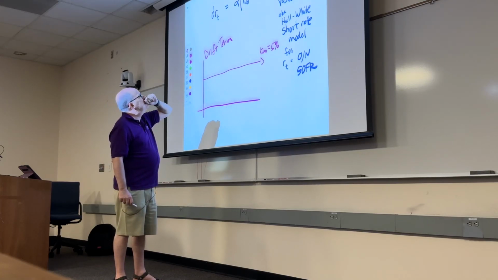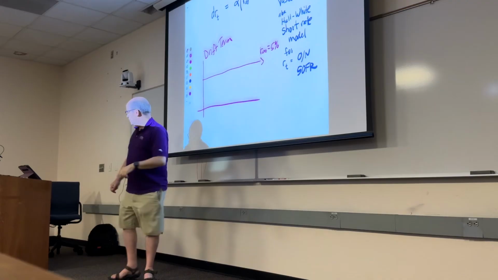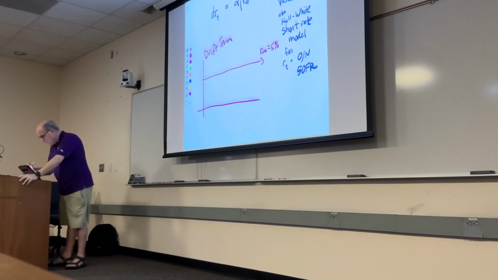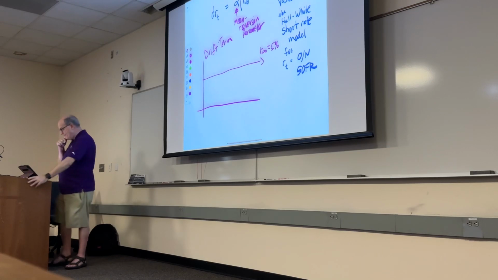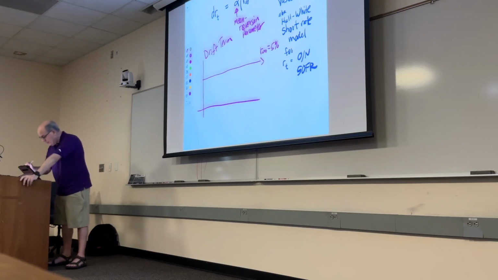Let me see if I got this right. Yeah, so alpha is called the mean reverting term, the mean reversion parameter. An example, and it might be on the order of 0.10, just to give you a concept.